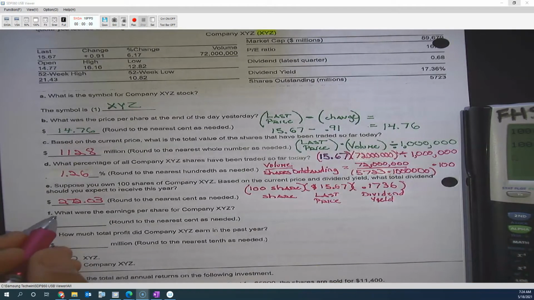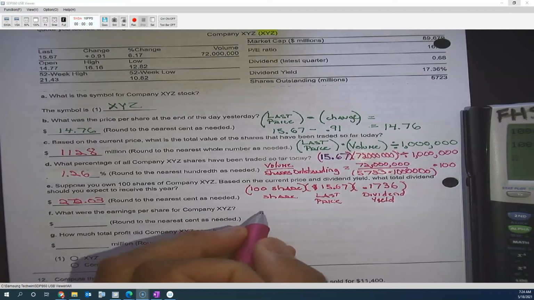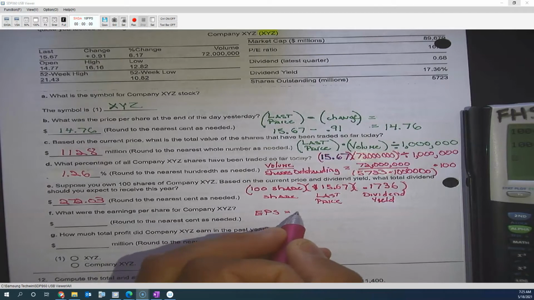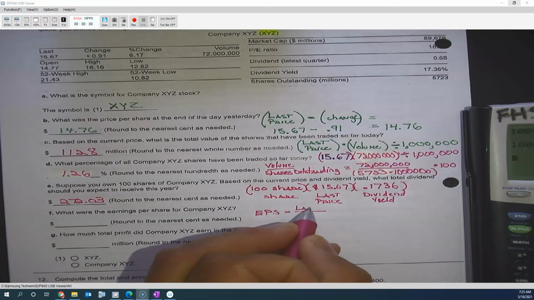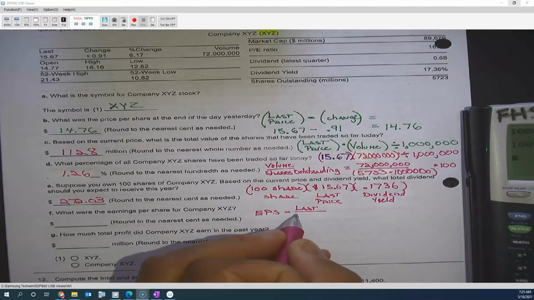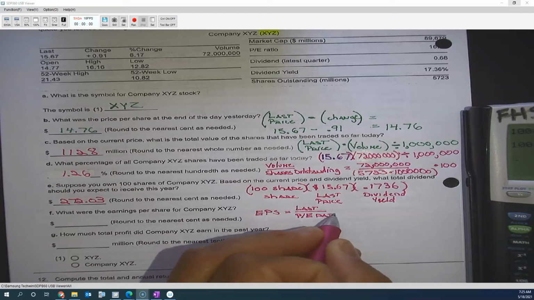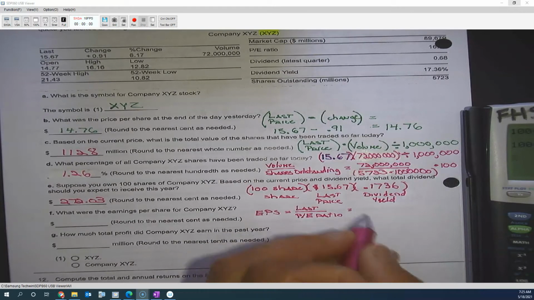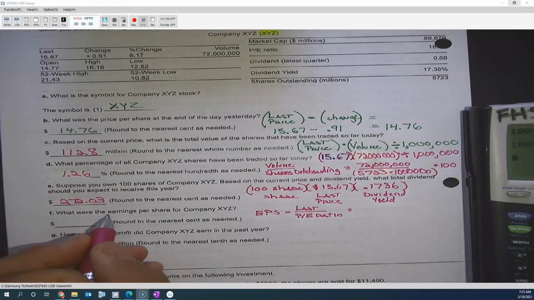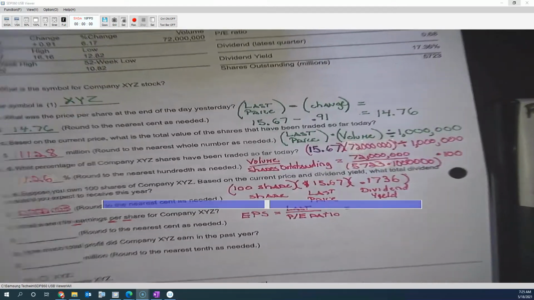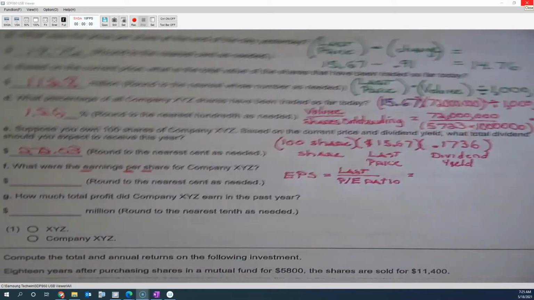Okay, what is the earnings per share? All right, so earnings per share, the EPS, equals the last price divided by the PE ratio. Okay, EPS stands for earnings per share. Well, it's on your paper.